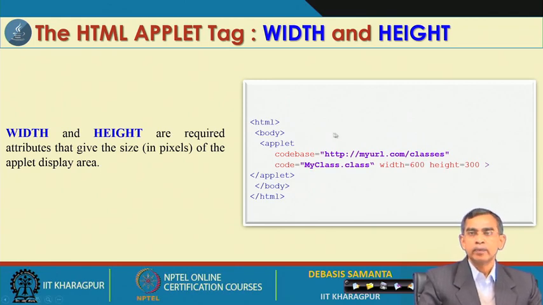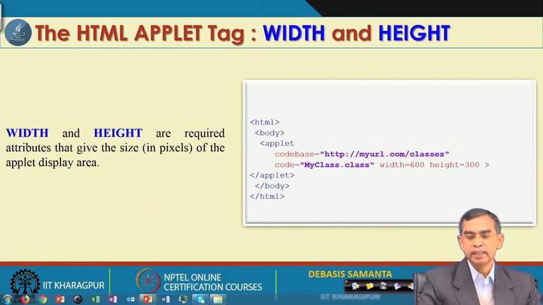The applet is basically a window within this text; it appears as a living thing for the browser. So, we can specify the width and height, how much space of your total display area it will take to display your applet. So, width and height are essential parameters.